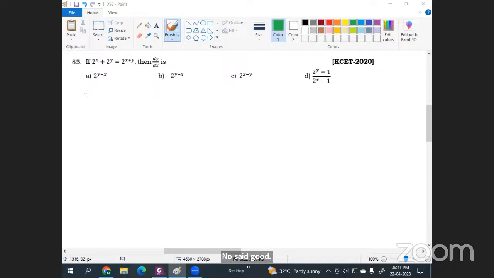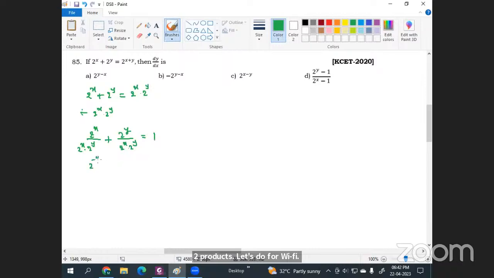So what we can do is 2 power x plus 2 power y equal to 2 power x into 2 power y. Divide by 2 power x into 2 power y. I'll bring it to the simplest form, then we differentiate. 2 power x plus 2 power y by 2 power x into 2 power y equal to 1. Therefore, 2 power x will get cancelled, 2 power minus y, 2 power y will get cancelled, 2 power minus x, equal to 1.